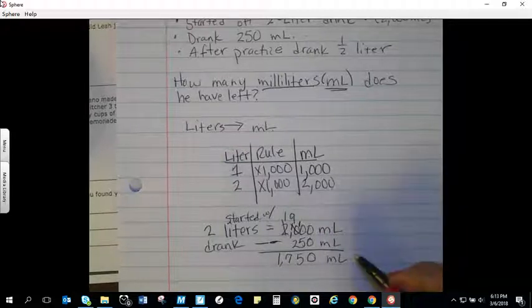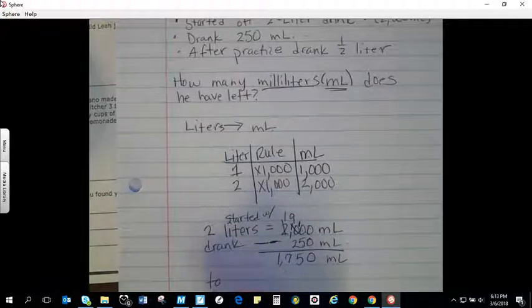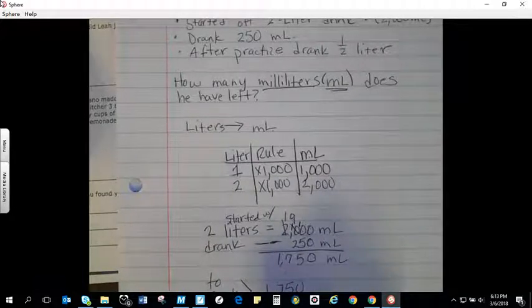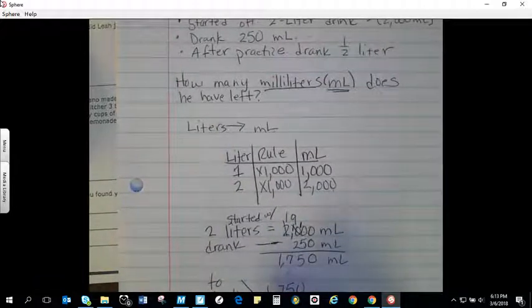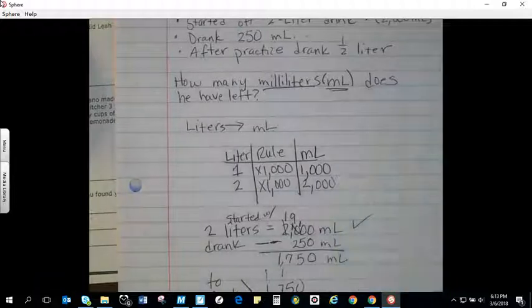In order to check your work, you can take your 1,750 milliliters and add this back in. If I added 250, this is to check. It's 1,750, add in my 250. 0 is 10, 7, 8, 9, 10, and it's 2,000. So I know that my answer is correct.